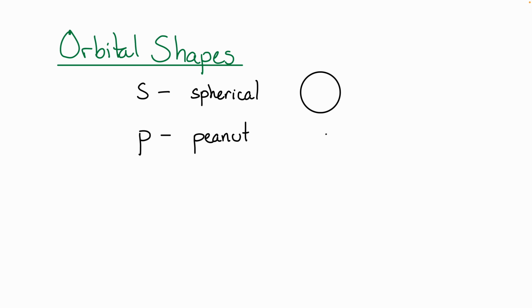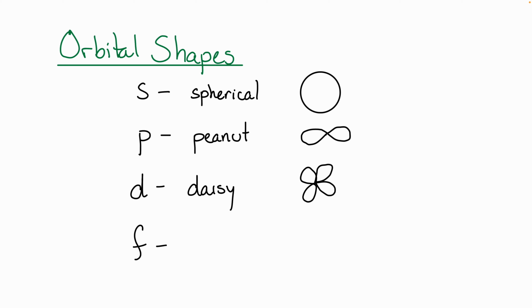That did not work. The d is a daisy-shaped orbital. It's like 2p orbitals combined. And there's also f orbitals, which we say are kind of flower-shaped, but really they just look kind of crazy. And I'm not even going to try to draw them. Doesn't really matter.